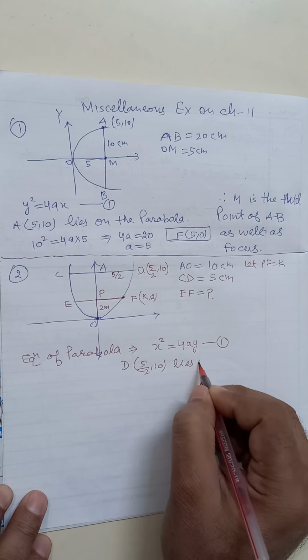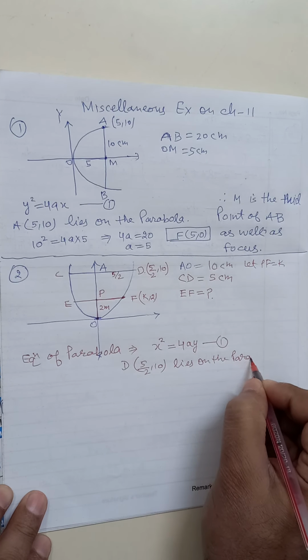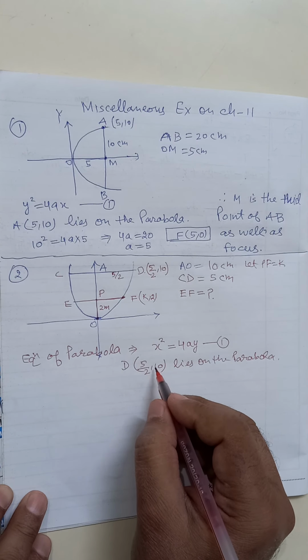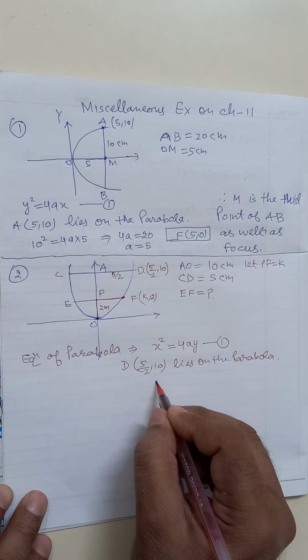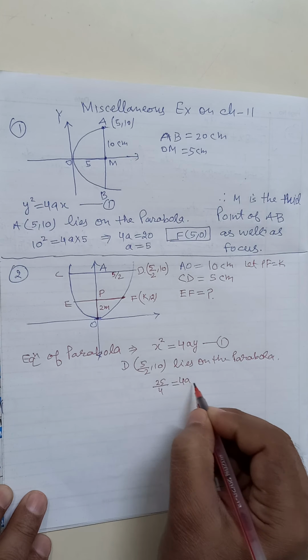lies on the parabola. Therefore the coordinate of D satisfy the equation. It means you can say 25 by 4 is equal to 4a into 10.